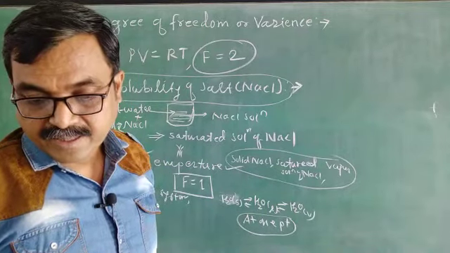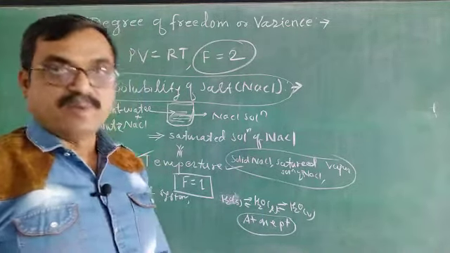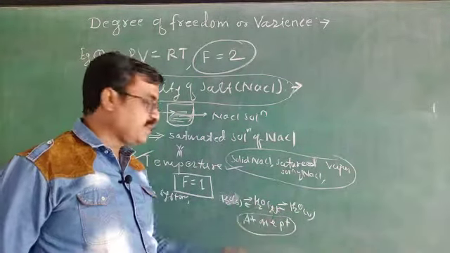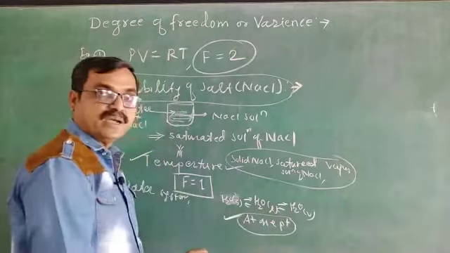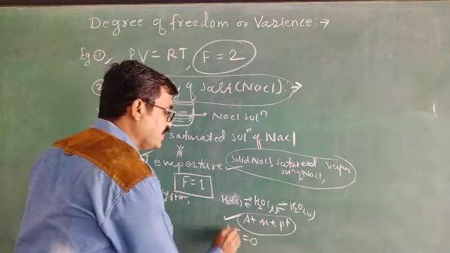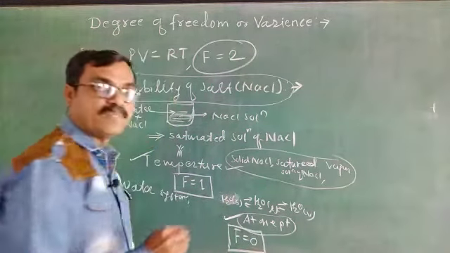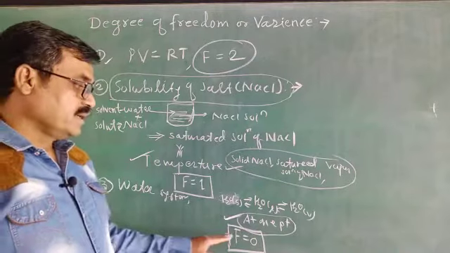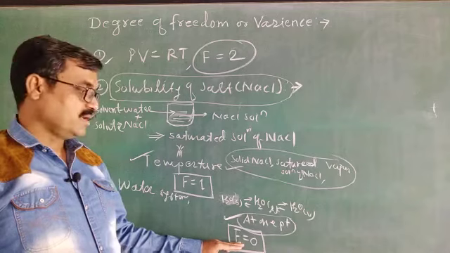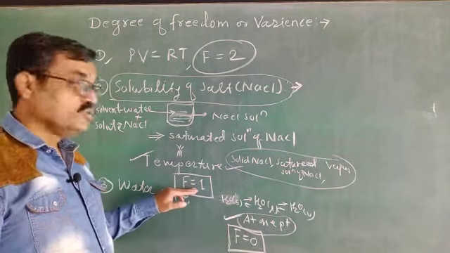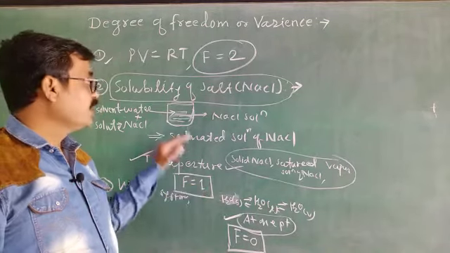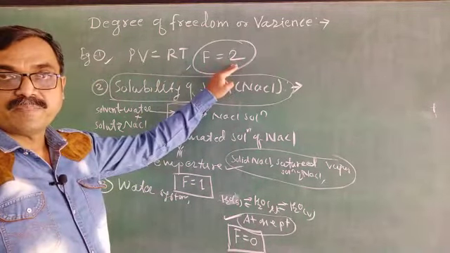We can say that there is one equilibrium, and since these three phases are in equilibrium at one point, there is no need of pressure, temperature or composition. That's why here the degree of freedom is 0. It is a zero variant system, because the value of F is 0. It is a univariant system when the degree of freedom is 1, and a bivariant system when it is 2.